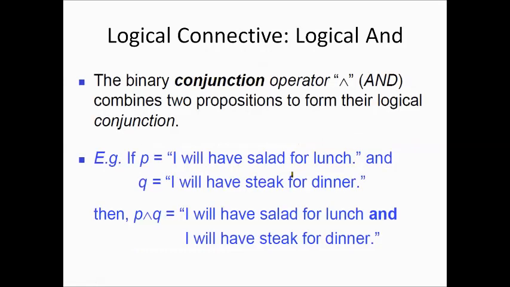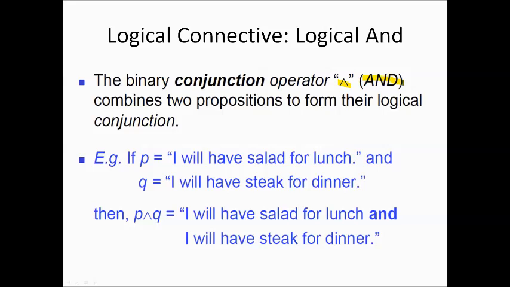Moving to the next slide. After the negation or the not, the next logical connective is the logical and, or the conjunction. When you say conjunction, we are using this symbol, and of course, we are using the word and.